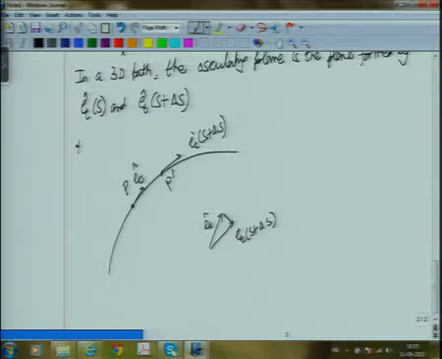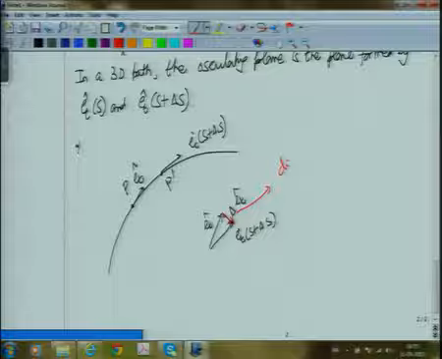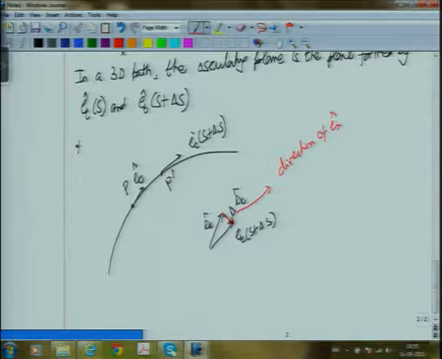So, now the difference between these two, this is the vector delta Et, and this direction which I show by red, this gives the direction of the En vector perpendicular to Et.